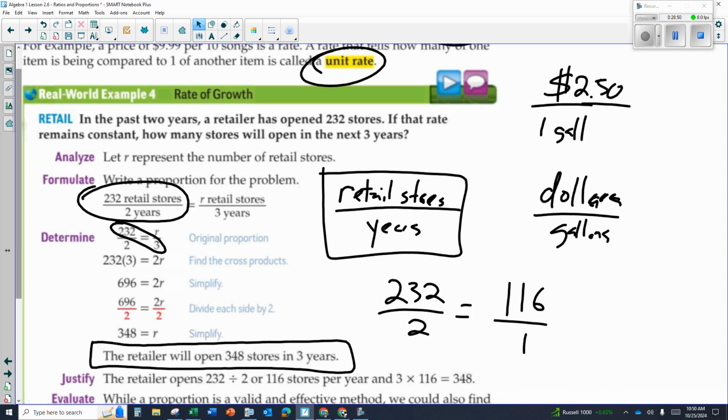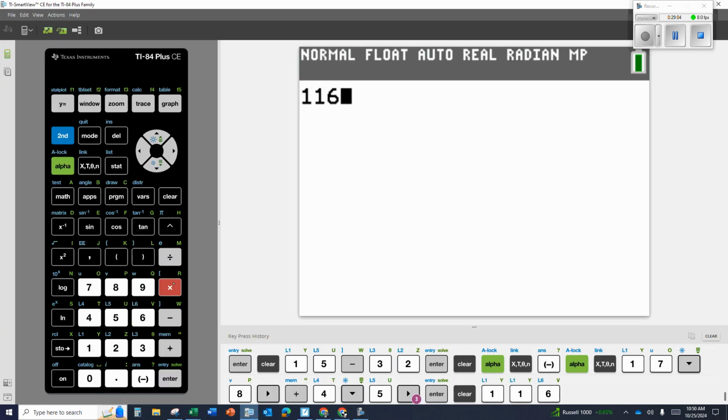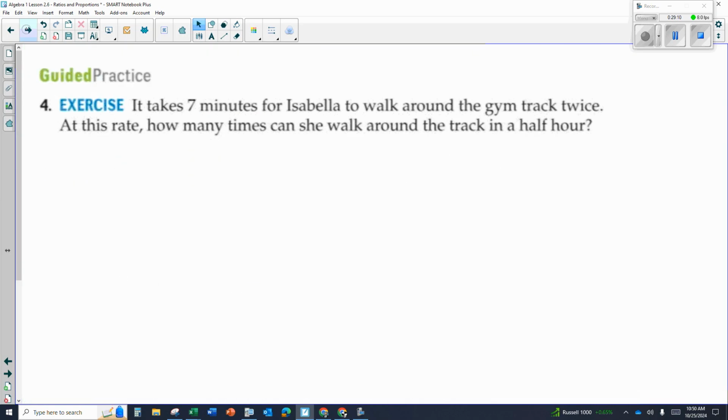And if we keep the ratio the same, it would be 116 retail stores for every 1 year. Multiply that by 3, and let's use our calculator. 116 times 3, there's your same answer, 348. Lots of different paths that you can take to get to the answer.